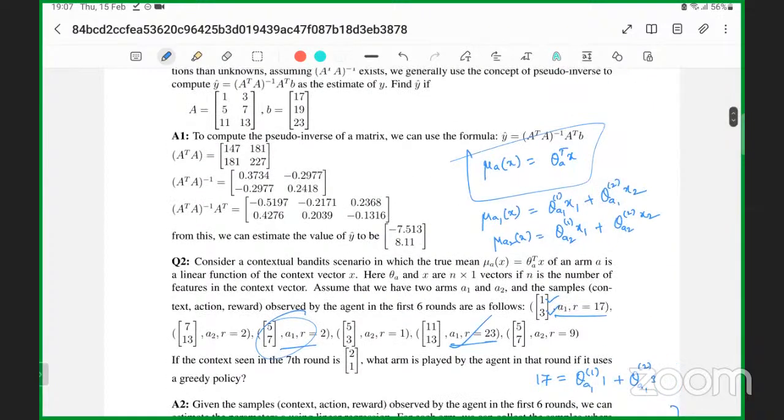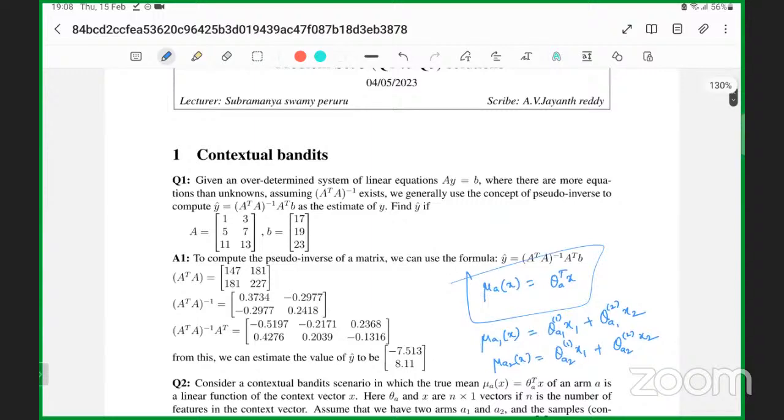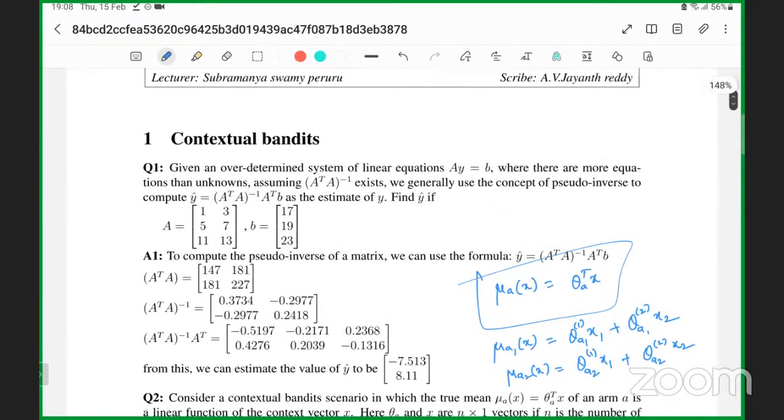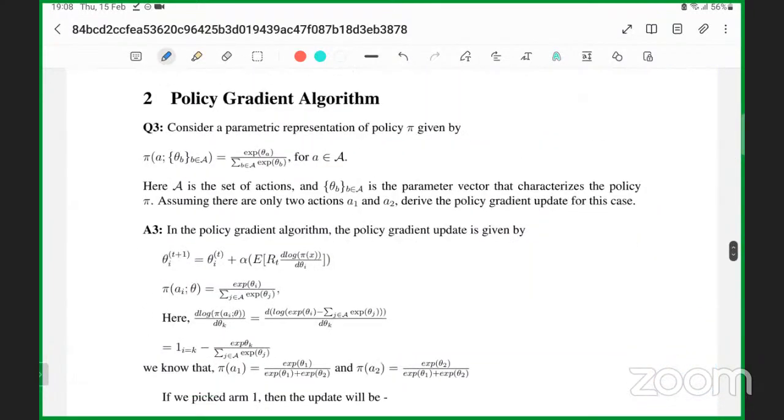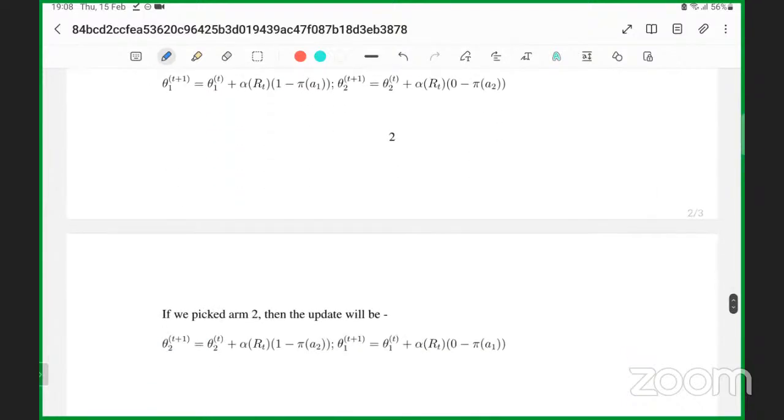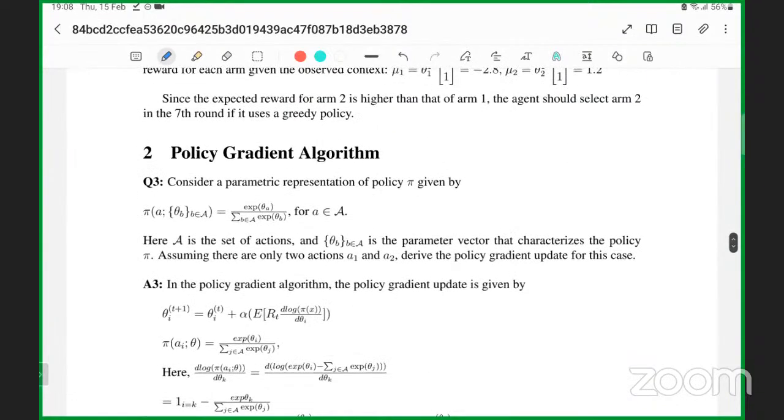Then the first part is fine, right? This is just a formula I gave. Did you guys try the third part, question 3?